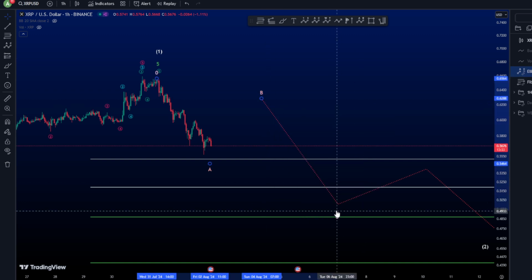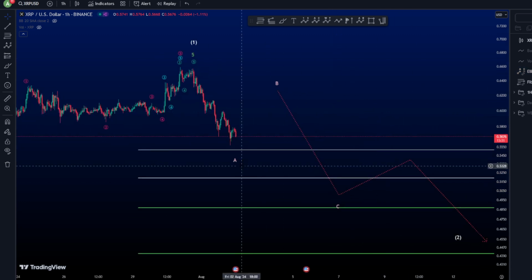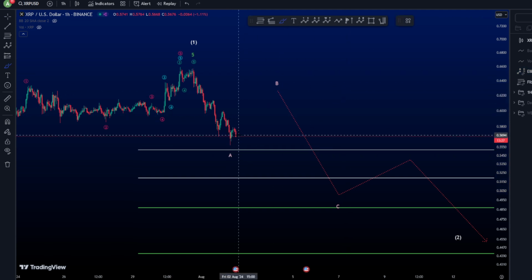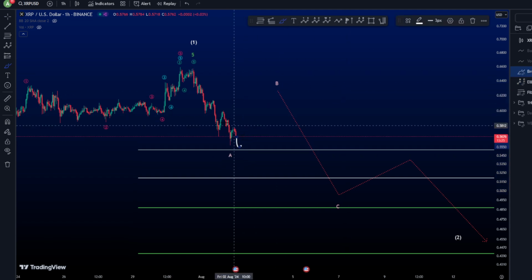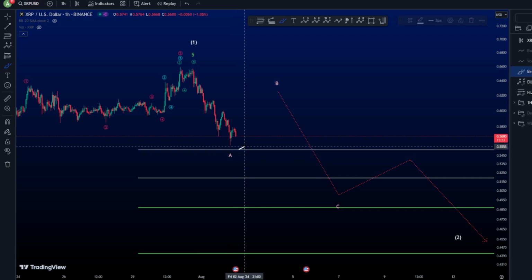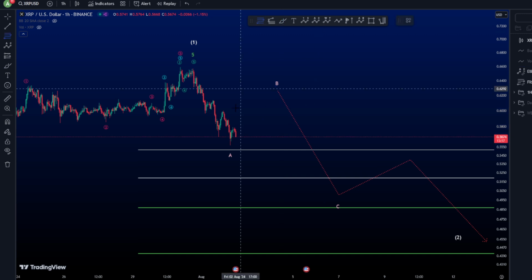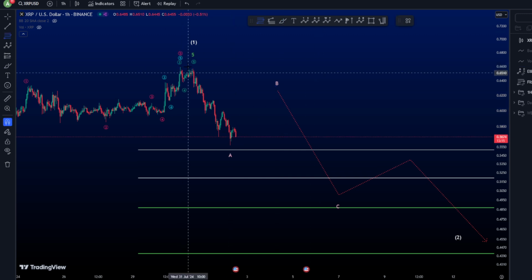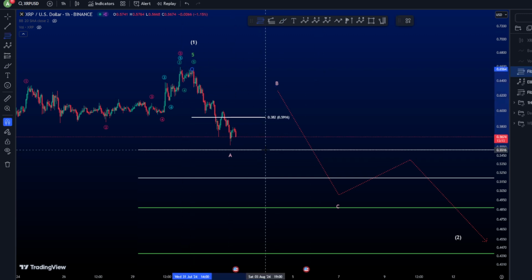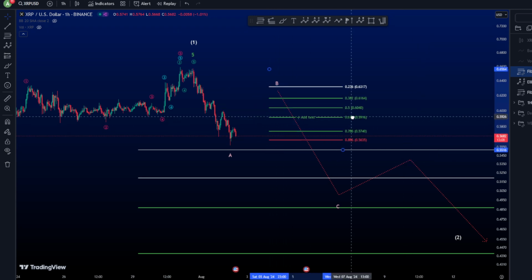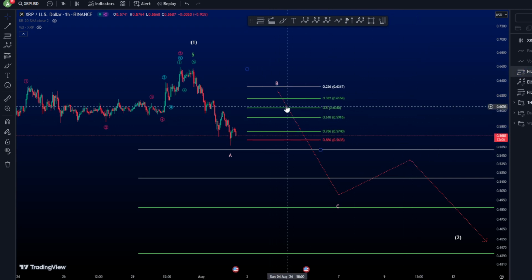I'm going to zoom in a little bit to see the wave much clearer. After finishing the wave, which is very likely to finish here, I'm looking for 3 waves up towards the upside. Let's say this is going to be the wave B retracement.